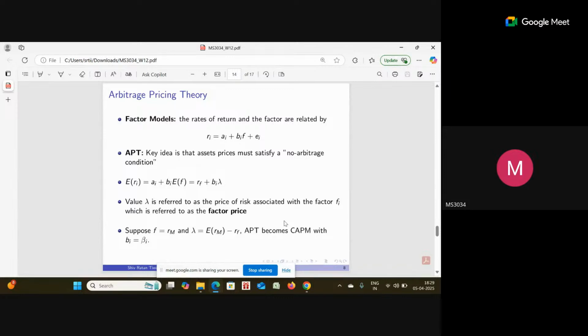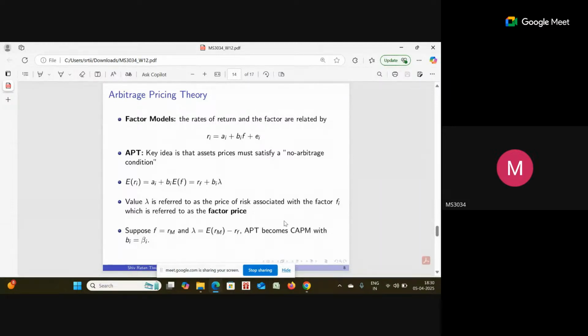So here the questions may be in the form where, let's suppose, an asset is following a single factor model, and you are given the beta for this particular factor and the expected return on this factor, and if the expected value of this factor changes by some value, then by how much is the asset's expected return going to change, similar to the CAPM only. This much we learned in this course. So you can expect these types of questions, and some of them are covered in the GA also.